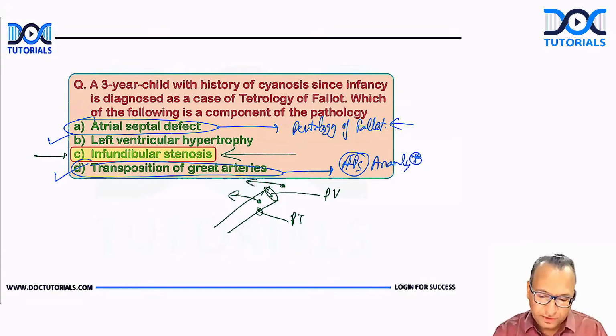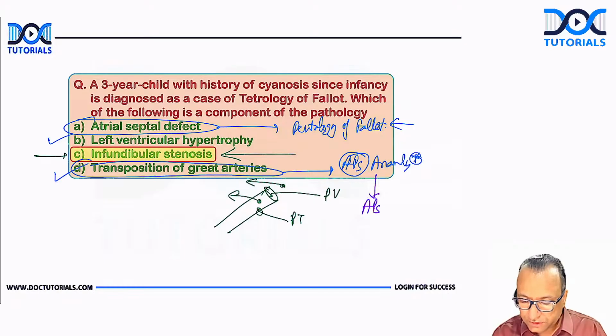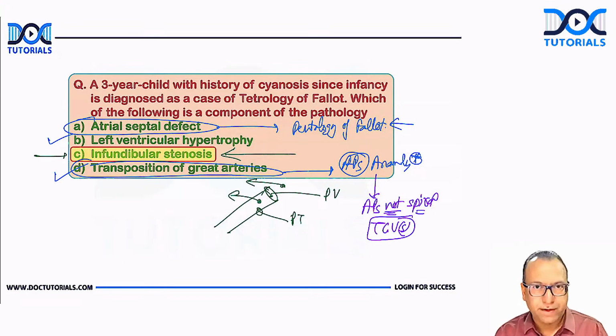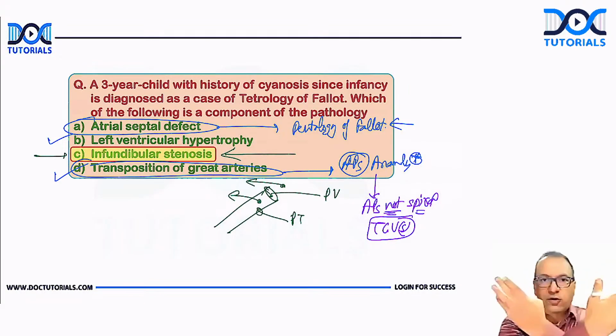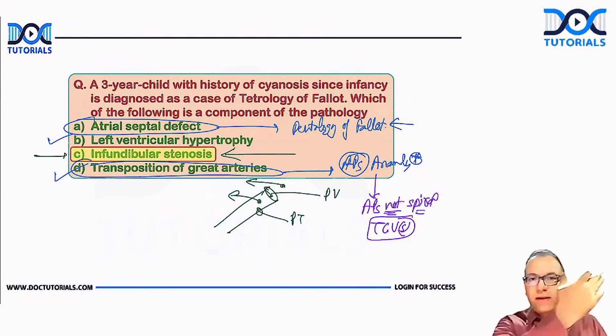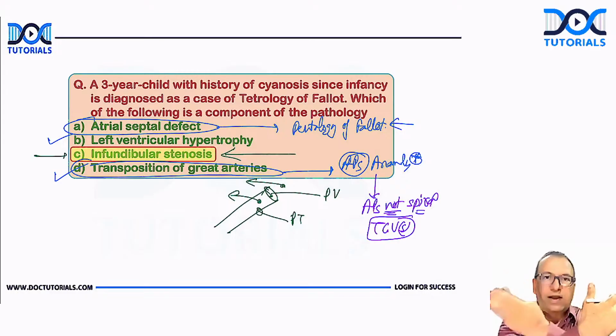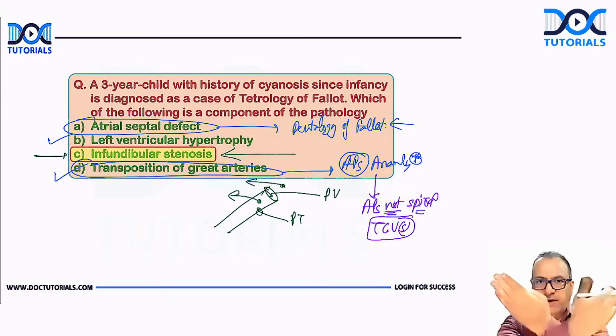See, why does this happen? If AP septum is not spiral, then there will be transposition of great vessels. So these are all AP septum anomalies. Normally the AP septum is a spiral septum. That is why the pulmonary trunk and ascending aorta are spiral. Why are they spiral? Why are they not straight? Because the septum between them, the AP septum, is a spiral septum.